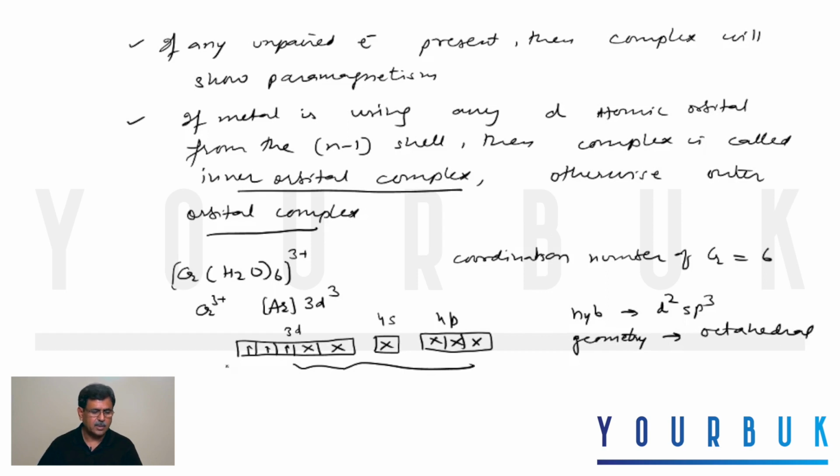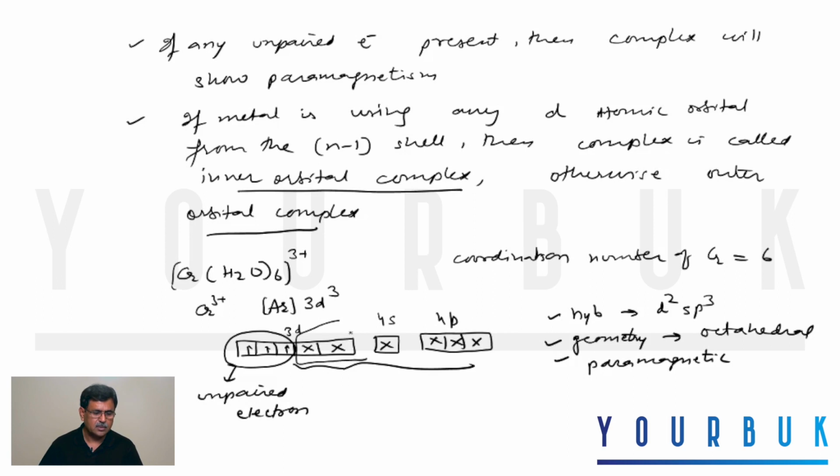Now 3 unpaired electrons are present. As a result, the complex will show paramagnetism, so the complex is paramagnetic. The chromium has used 2 orbitals from the inner shell, the n-1 d subshell.